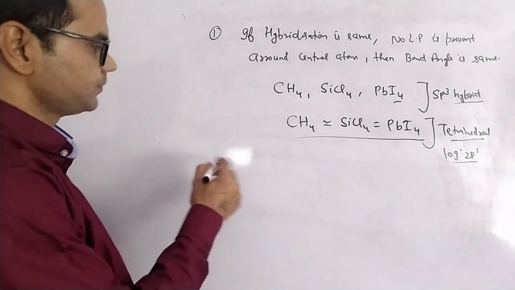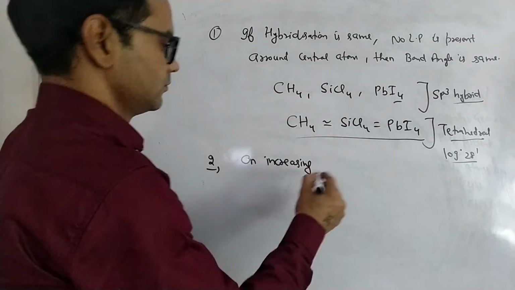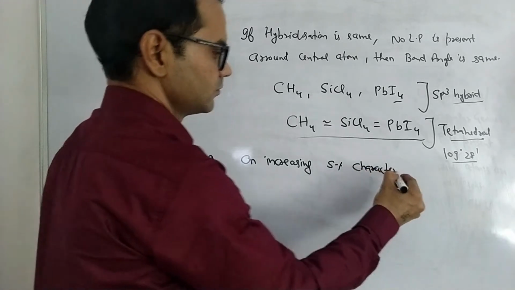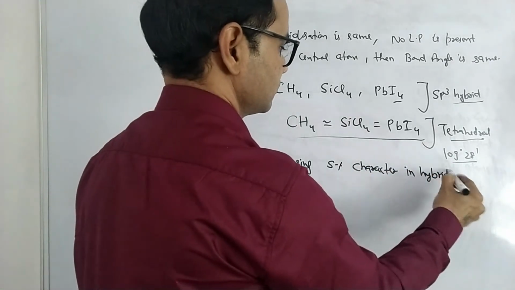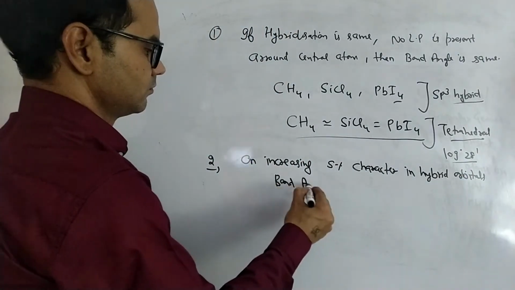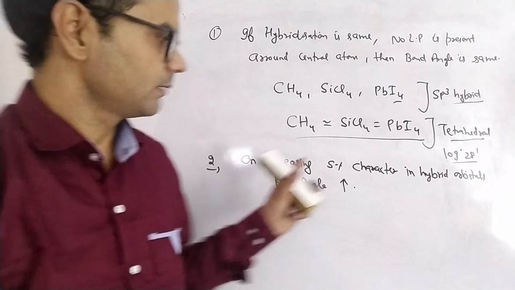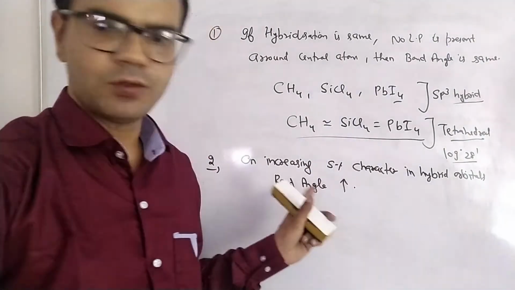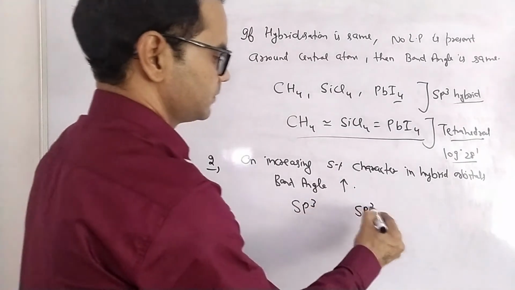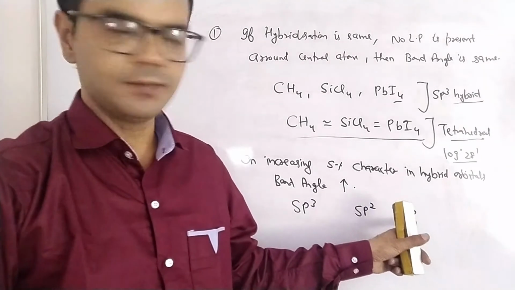Rule number two, on increasing percentage s character in hybrid orbitals, bond angle increases. For example, we have sp3 hybridization, sp2 hybridization, and sp hybridization.